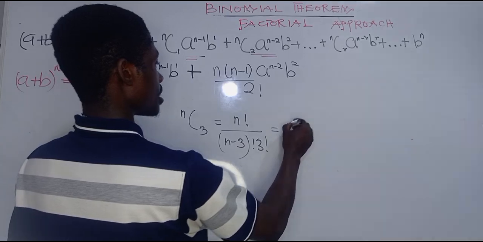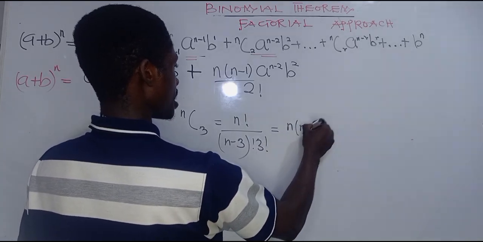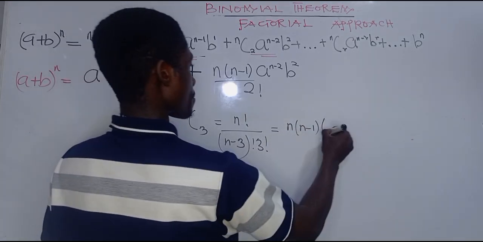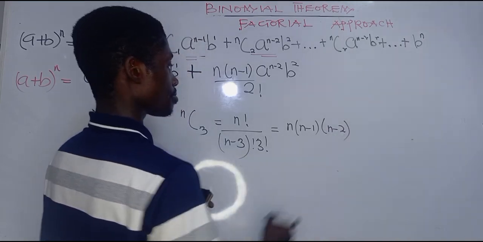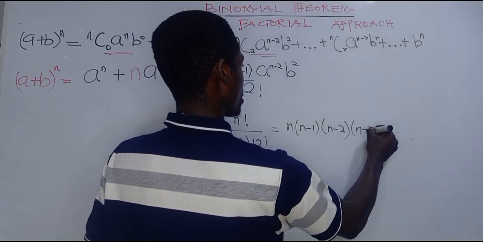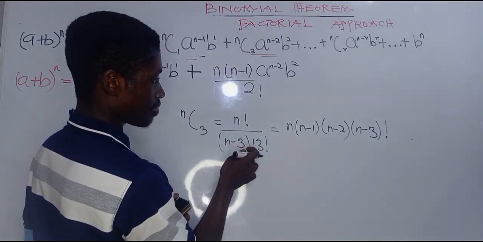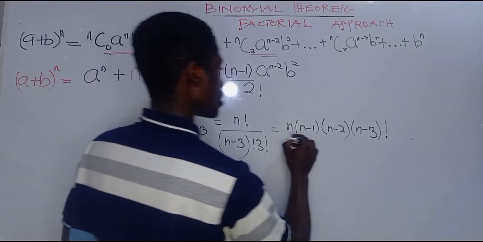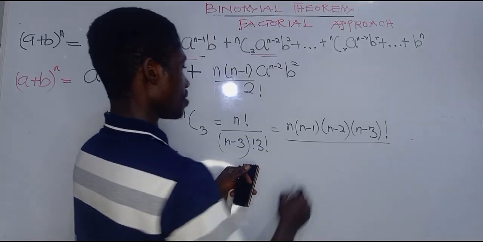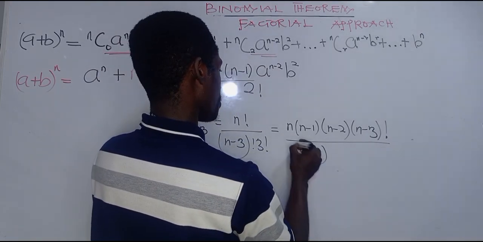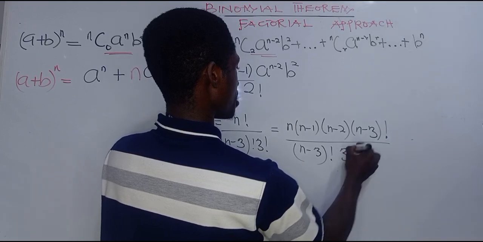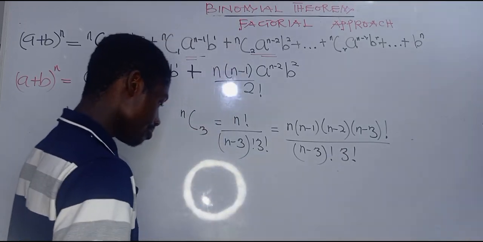So you know that n factorial is the same as n times (n minus 1) times (n minus 2) times (n minus 3) factorial. Since we are having (n minus 3) factorial, we can end it. And then we have (n minus 3) factorial multiplying 3 factorial.